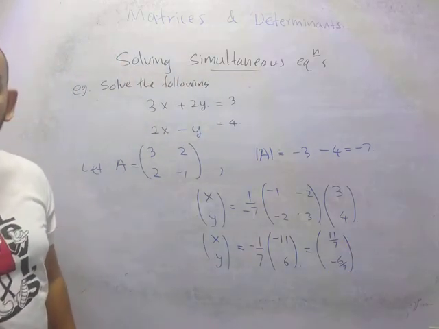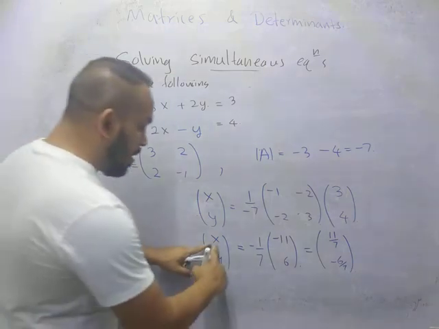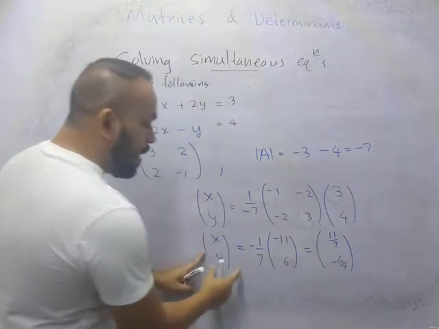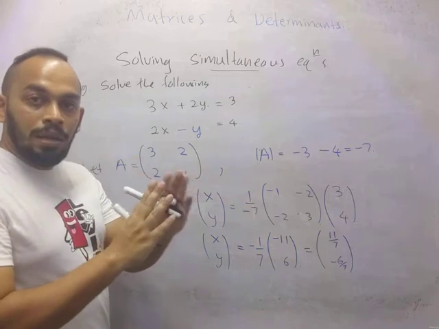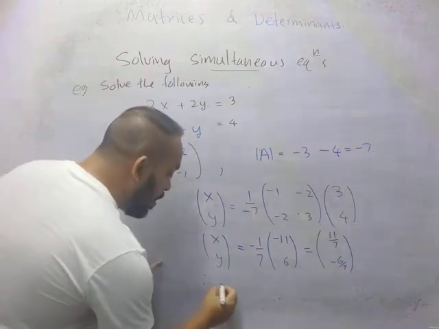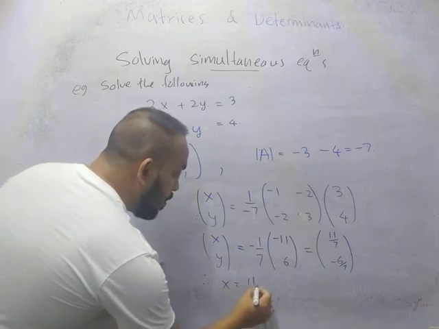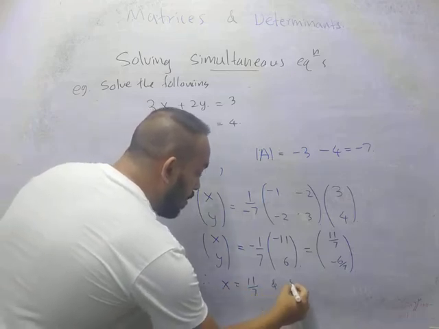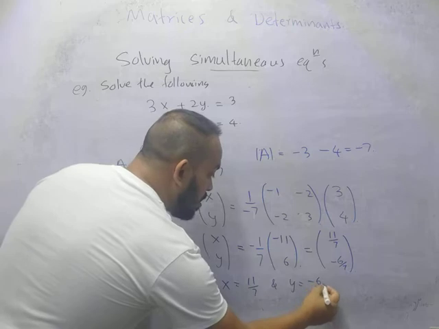You can get the answers right away. So what is x? Now these are two equal matrices. If matrices are equal, then the corresponding elements are the same. Therefore x is 11 over 7 and y is minus 6 over 7.